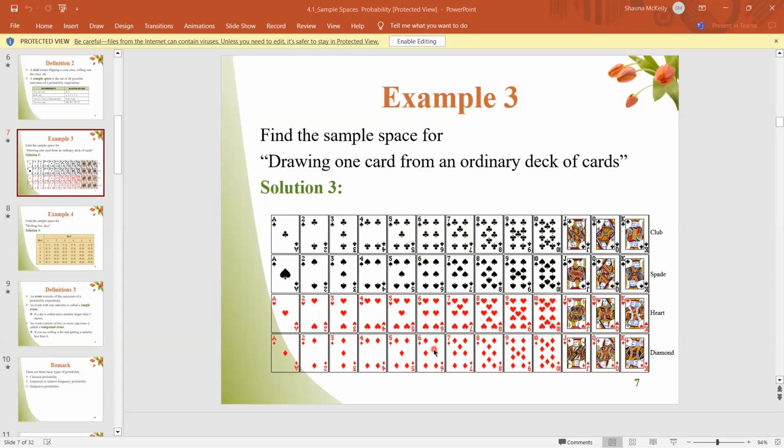So 4 out of 52. Spades are my second line right here, which is 13. But we've got a problem. Did you notice anything?